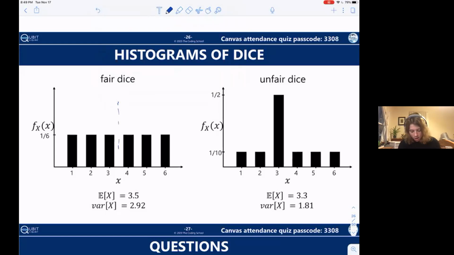So here, your average is right here. Your expectation of X is right here. And we want to look at how much our value varies. And we know that this is 2.92. I forget if it's actually half of that or the full value. I don't really deal with these too often.